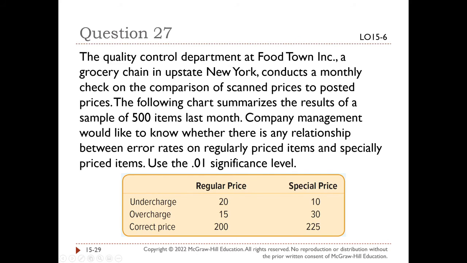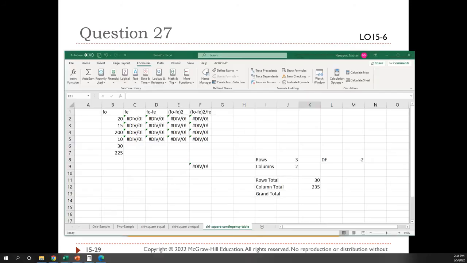It looks like we're going to have to do each one. So, Excel, 20, 15, 200, 10, 30, 225. Okay. Auto sum. Auto sum.